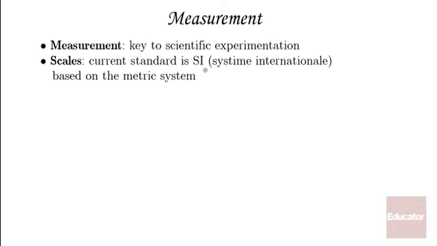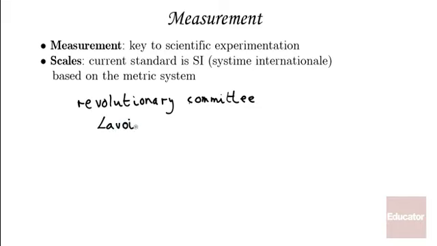So it was that revolutionary committee in the early 19th century that actually devised the basis for what we now use as measurement systems in science. And the great chemist Lavoisier was its chair. And they invented the metric system.